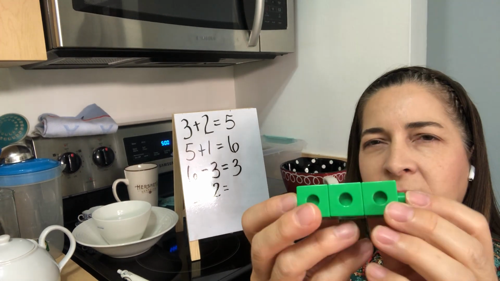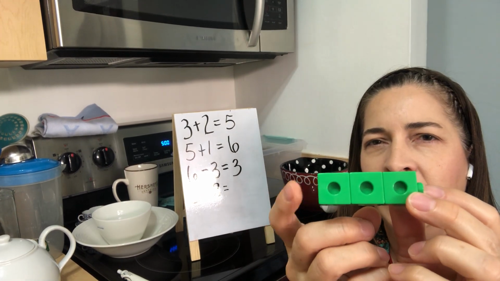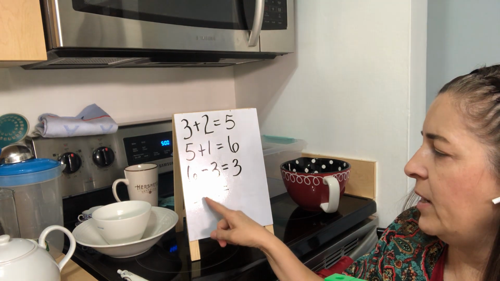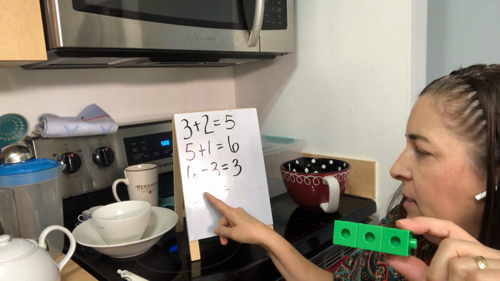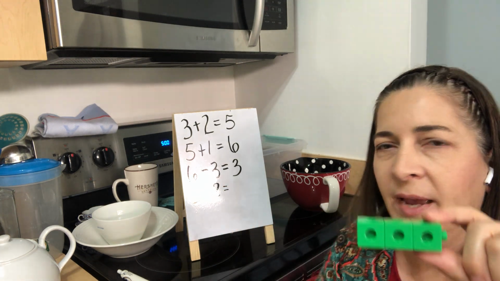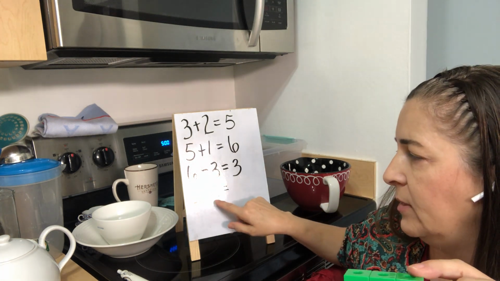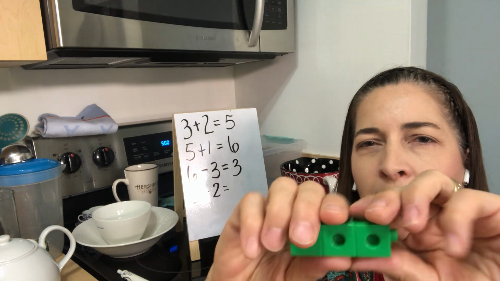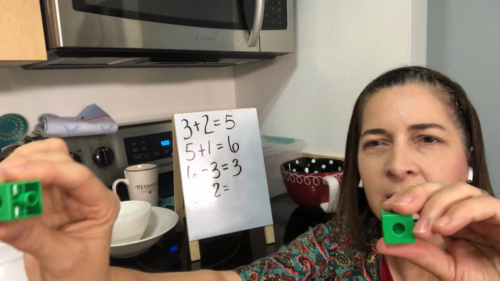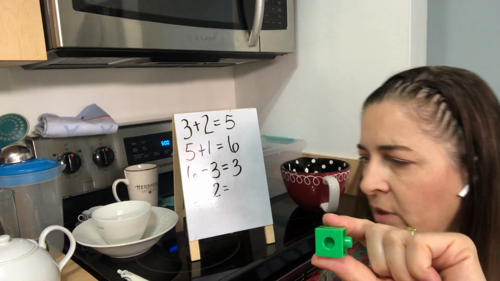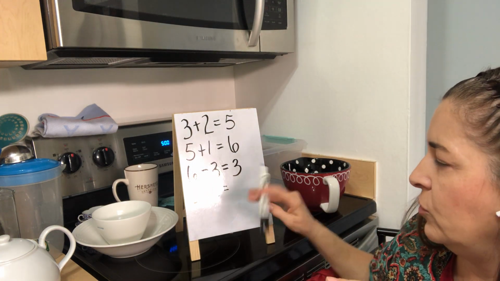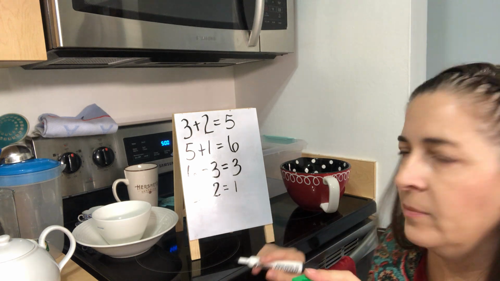The correct number is 3. Okay? So 3 minus 2. So what am I supposed to do with the minus sign? Take away how much? This much. So 3 minus 2. These go away, and this is what I have as the answer. 3 minus 2 equals 1.